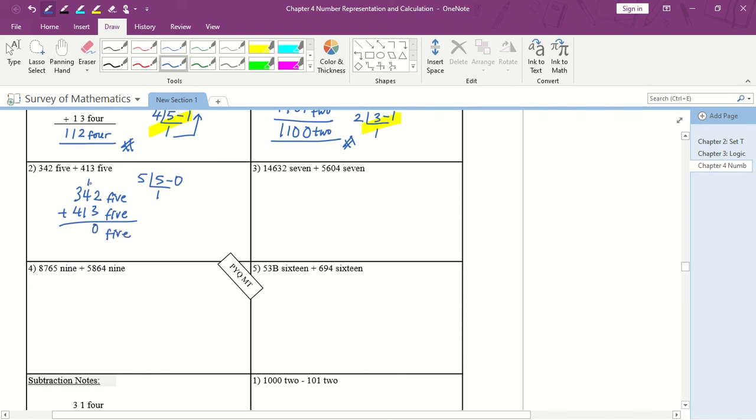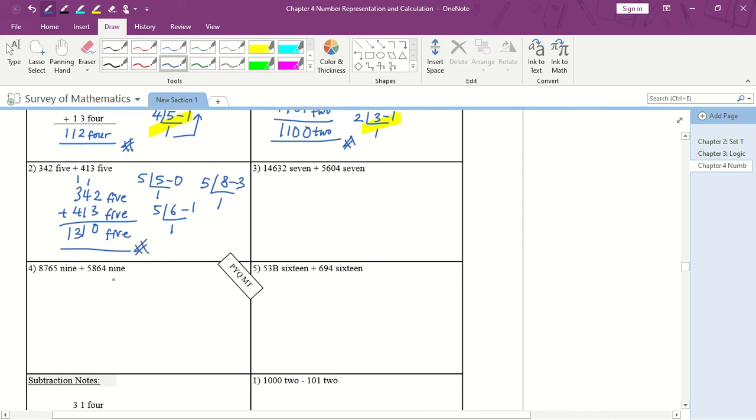And here, 1 plus 4 is 5, 5 plus 1 is 6. So 6 converted to base 5 will be 1, 1. And the next one, 4 plus 3 is 7, 7 plus 1 is 8. So 8 we need to convert to base 5, which is 1, 3. So the answer here will be 1310 base 5.